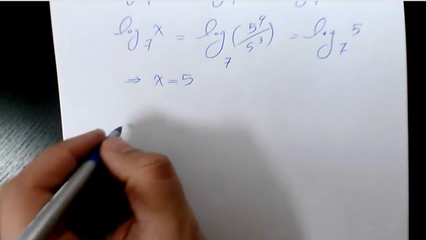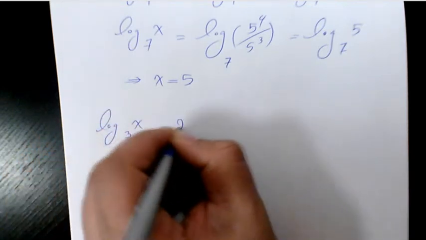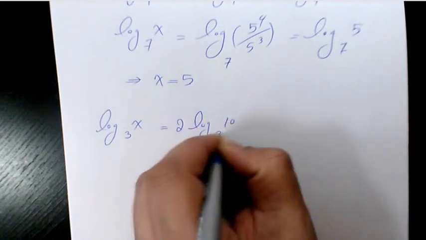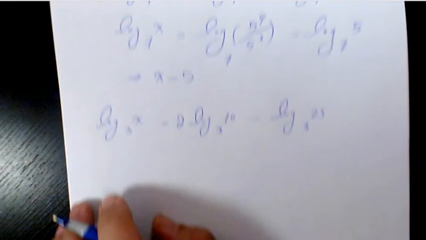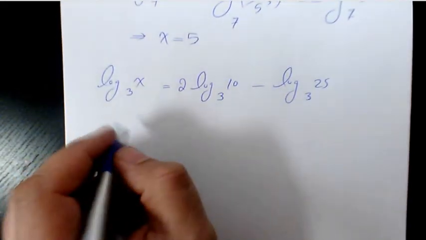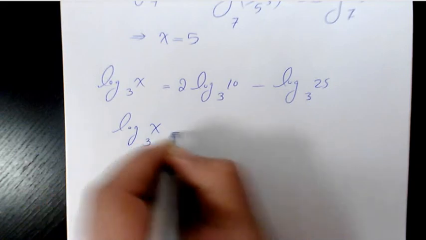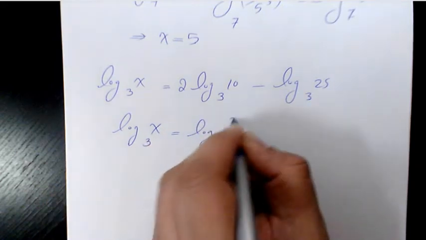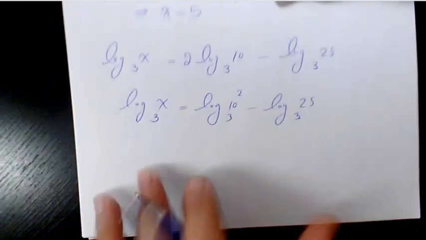Next example. Log x base 3 equals 2 log 10 base 3 subtract log 25 base 3. I can say log x base 3 equals log 10 squared base 3 subtract log 25 base 3.